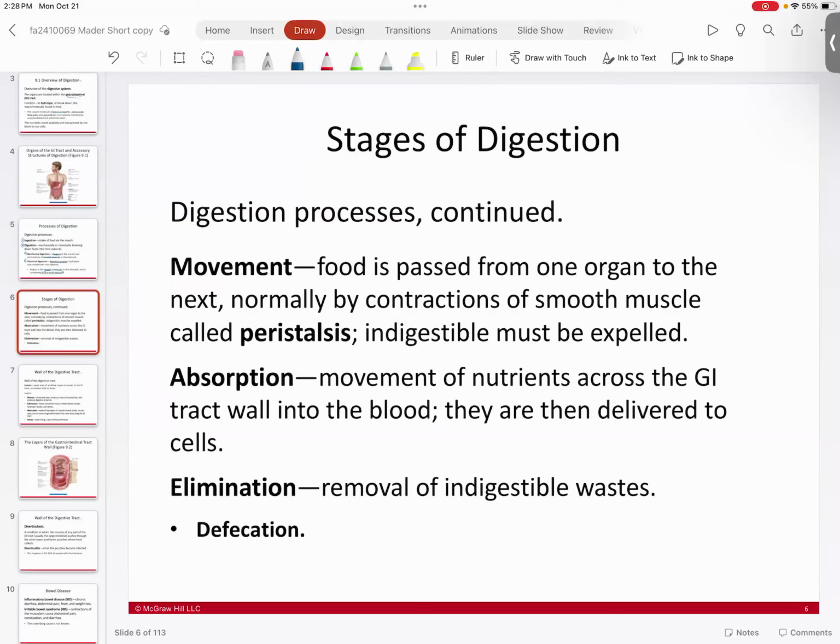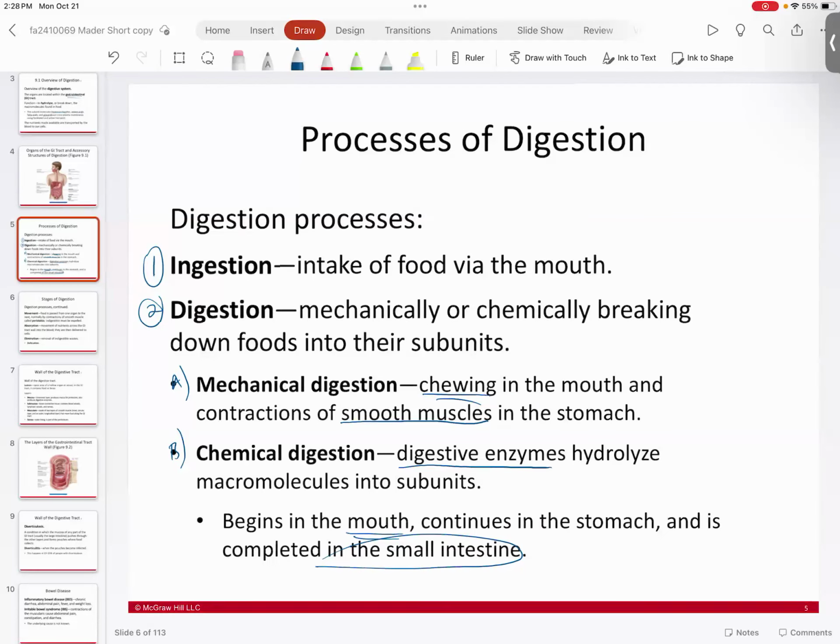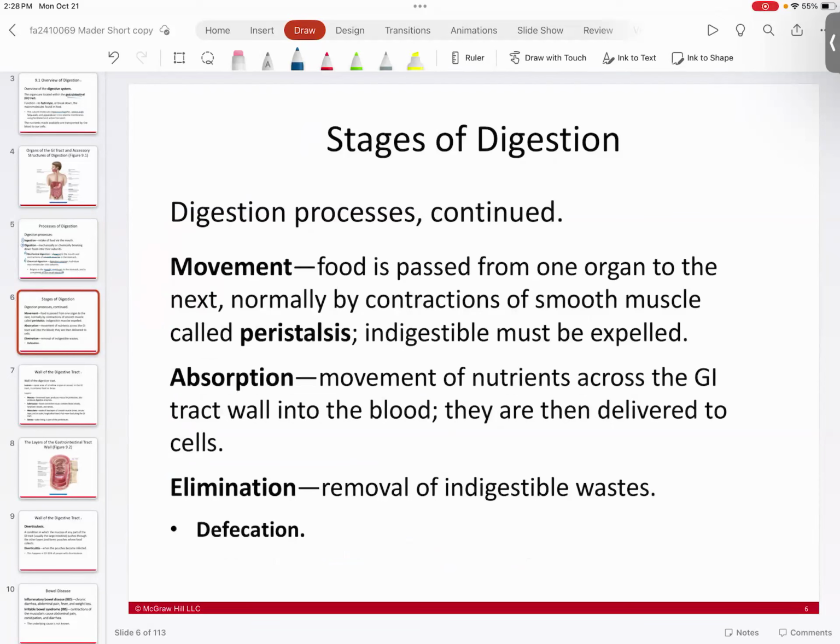So when you have these different areas of digestion, you have, first of all, ingestion, digestion, and then movement. Once you actually start to chew this up, you're mixing food with your saliva, right? That's basically where your chemical digestion is coming from. Your saliva is a mixture of water, mucus, and enzymes.